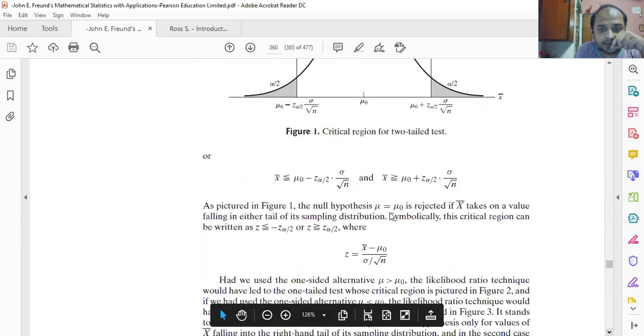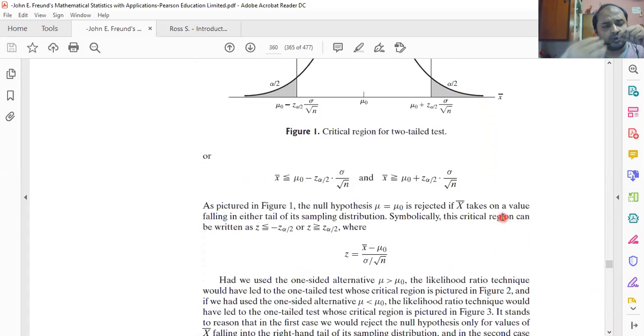In figure 1, the null hypothesis mu is equal to mu0 is rejected if capital X bar, the random variable whose different values are small x bars at different points of time. So capital X bar is the mother variable. If capital X bar takes on a value falling in either tail of its sampling distribution, symbolically this critical region means the shaded region over here.